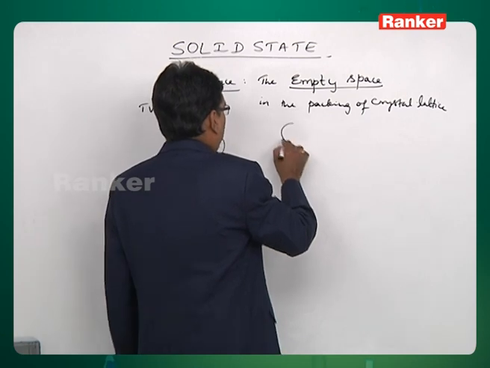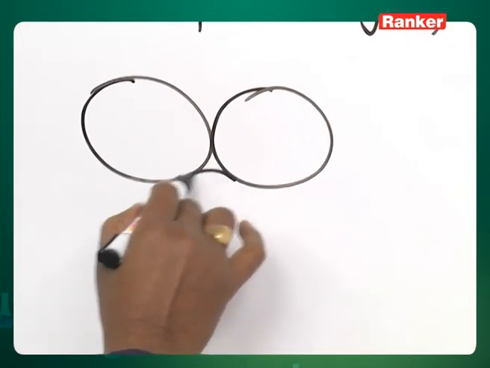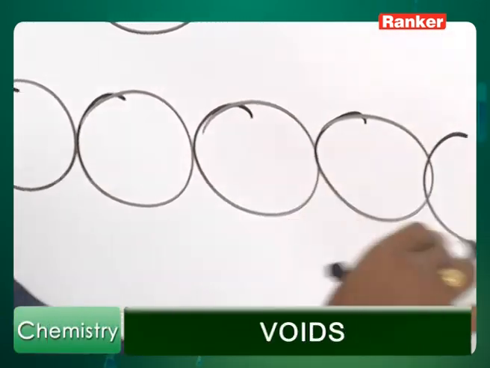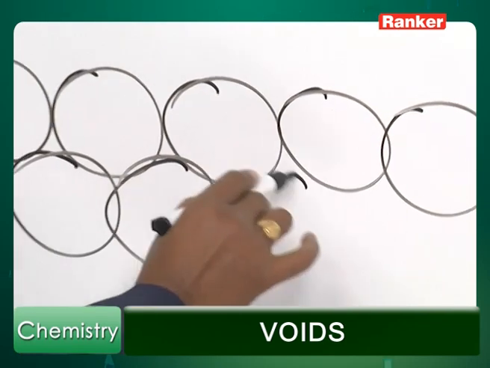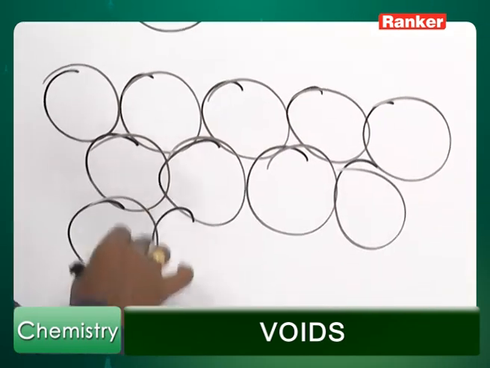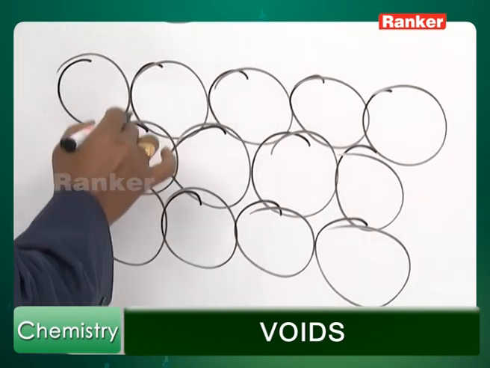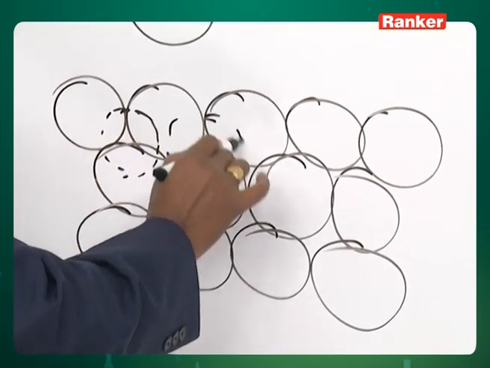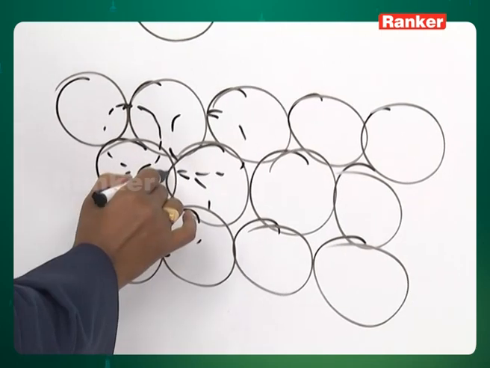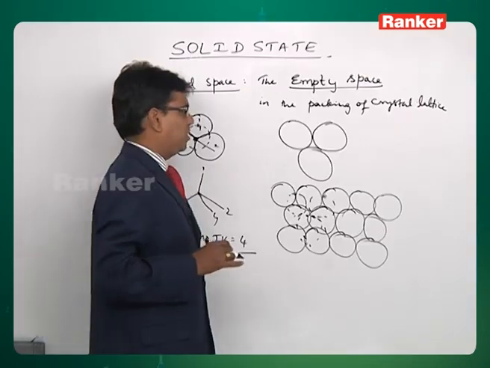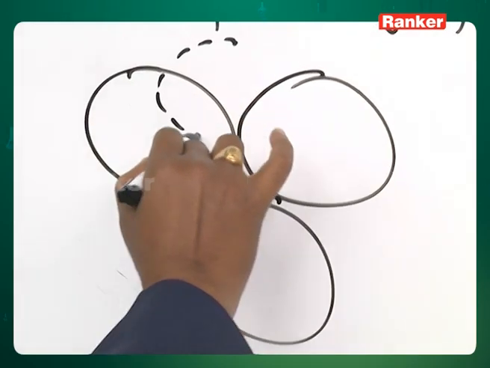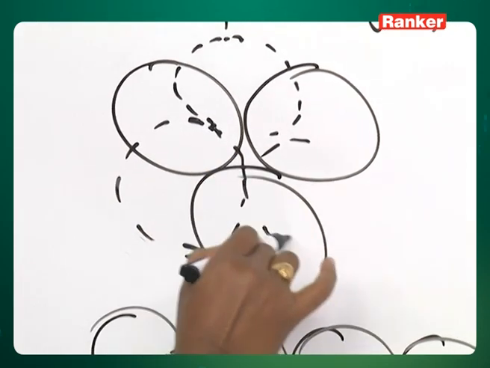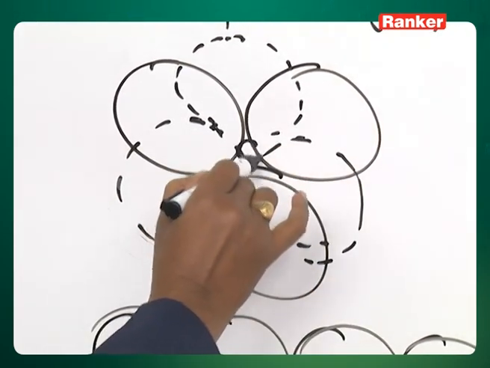An octahedral void is, suppose you keep one set of atoms like this in the arrangement. Now if you have 3 spheres like this, and 3 other spheres like this, then this empty space is formed.